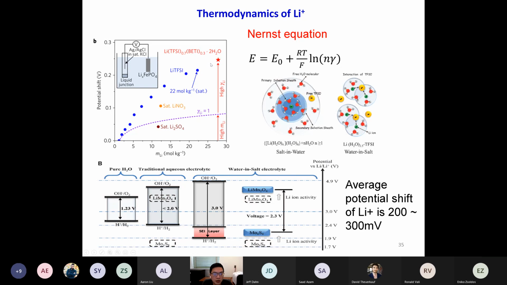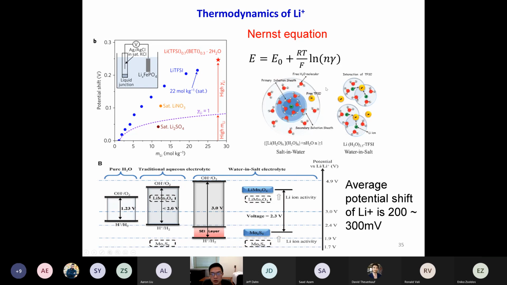But in the real case here, in the water-in-salt electrolyte, the 28 molar has achieved almost a 250 millivolt increase of the lithium iron phosphate equivalent potential, which means compared to the concentration, the activity coefficient of the lithium ion will be even significantly increased, right?